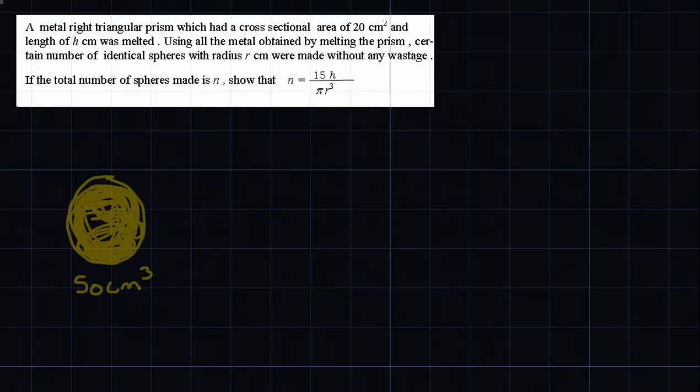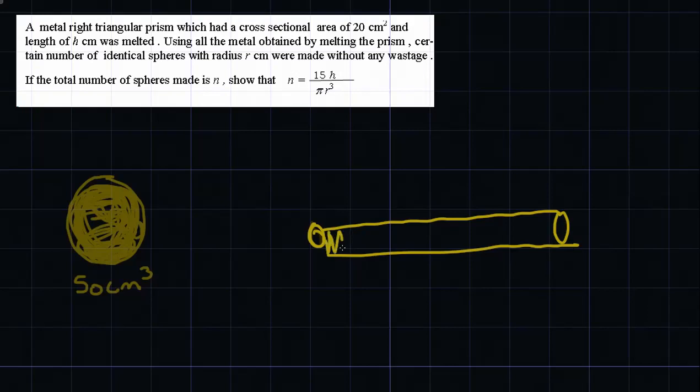And let's say you're going to play something. So what do you do? You take this clay and roll it and turn it into a shape like this. I'm sure you would have played such games when you were a kid.